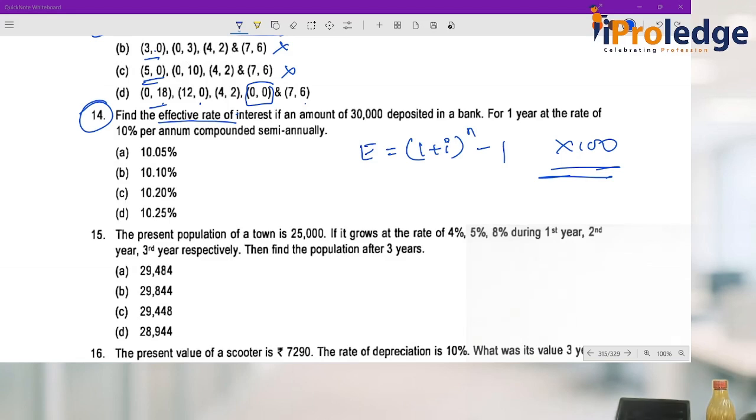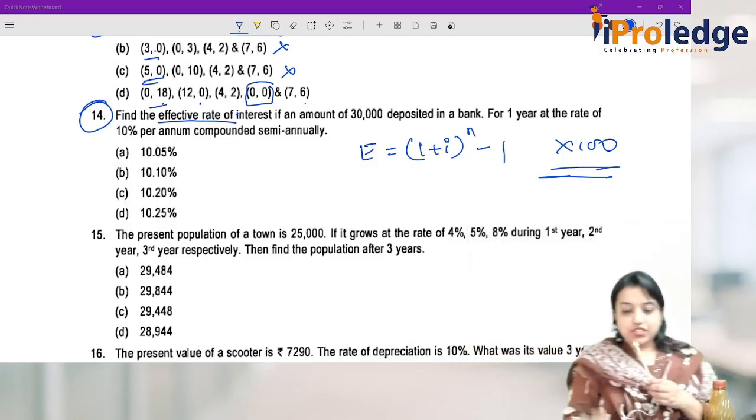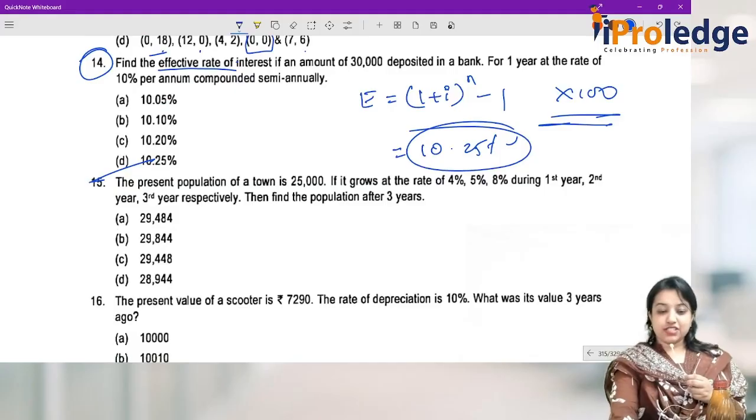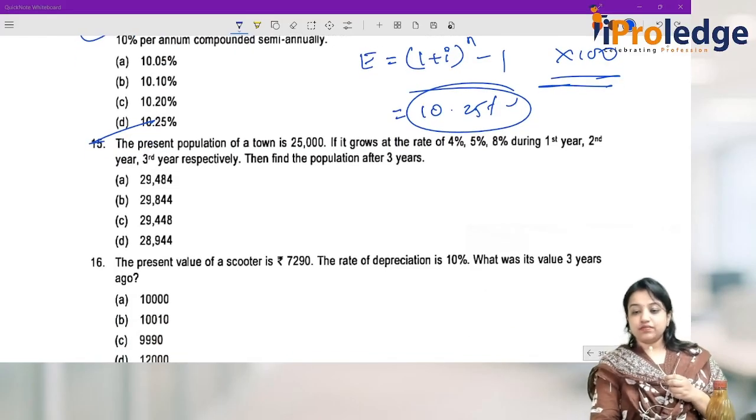Divided by 100, semi means divided by 2, plus 1, into equal ones minus 1 into 100, and from option D. Yes, the first effective is equal to 10.25%. We have to go faster.